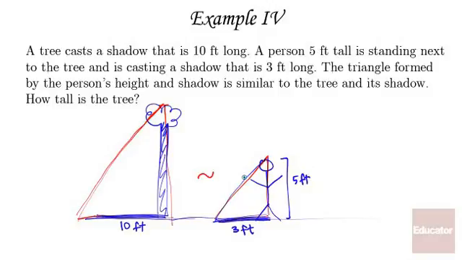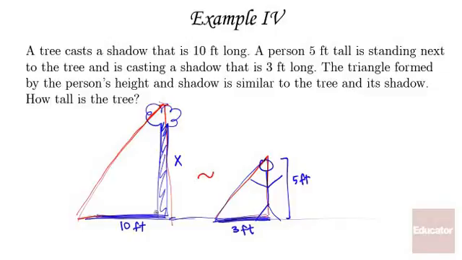So they want us to find the height of the tree. So how tall is the tree? I'm going to make this x, from here to here. So then because they said it's similar, I can make a proportion now, right?